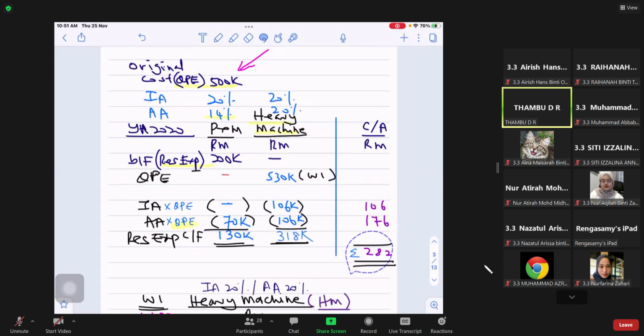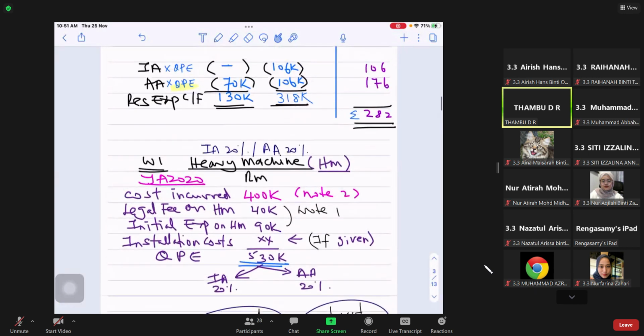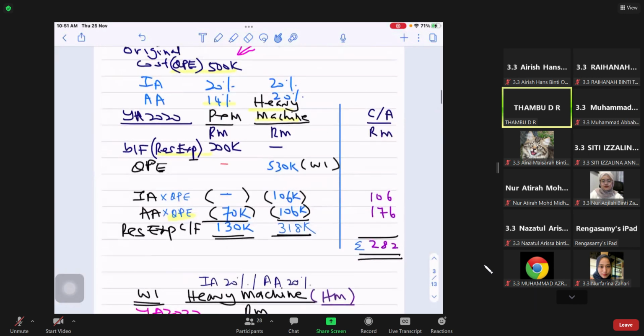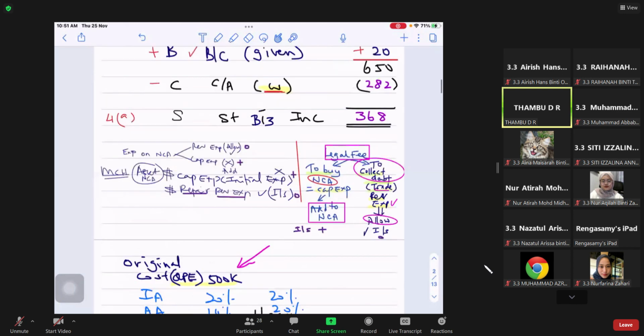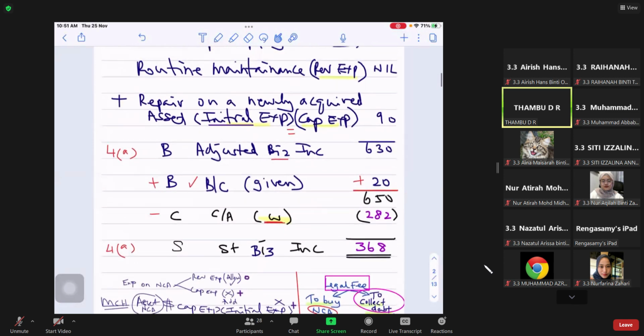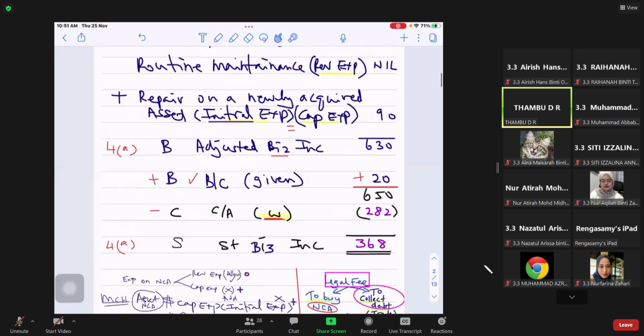That is your capital allowance, 282. That's all. That's all we have. I've given you all the workings. I've shown you already how to apply. You can see there how to apply.